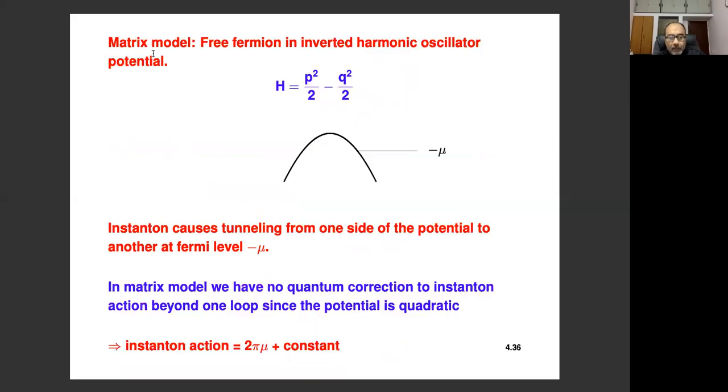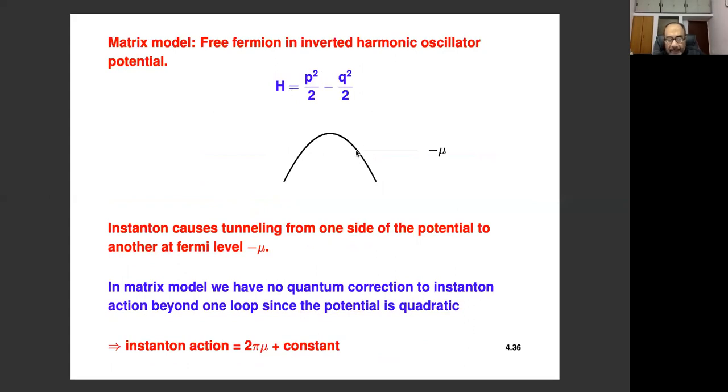And for this, we now go back to the matrix model. I have not said very much about what matrix model it is or how it comes about. This you will see in more detail in this lecture. But let me just say, for the purpose of this talk, that the matrix model in this case is described by a set of free fermions in an inverted harmonic oscillator potential. The Hamiltonian is given here.